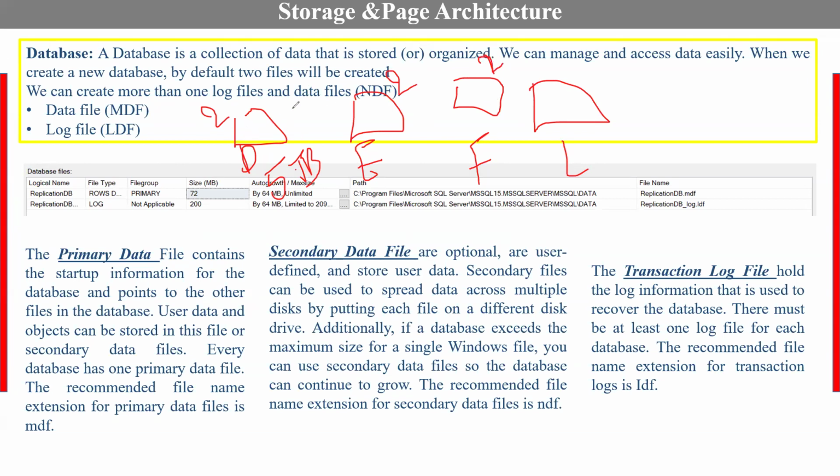Why can't you make three different drives, and create one MDF, one NDF, one NDF? So 2 terabytes of data is stored in one drive, 2 terabytes in one more drive, 2 terabytes in one more drive, which will improve the performance a lot.